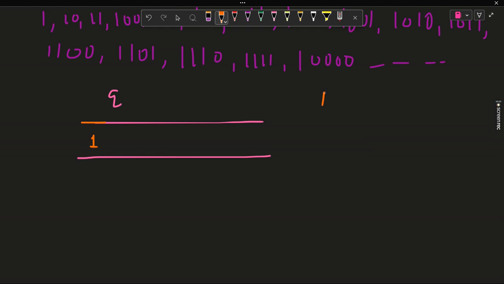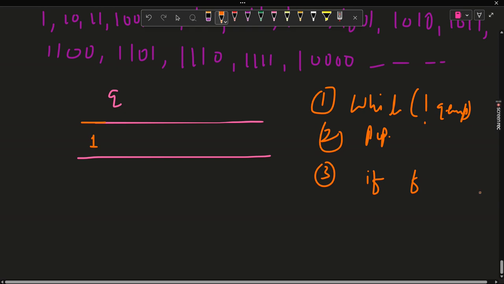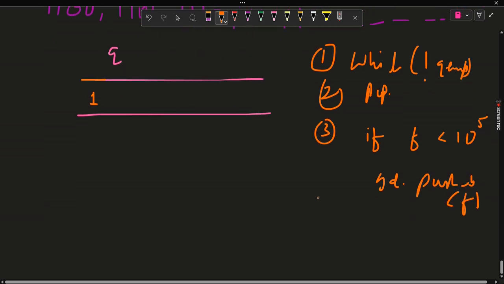We will use this algorithm: while the queue is not empty, we pop out the front element. If this element is less than 10 to the power 5, we push it inside the answer, that is the binary decimal vector, with push_back of this front element.